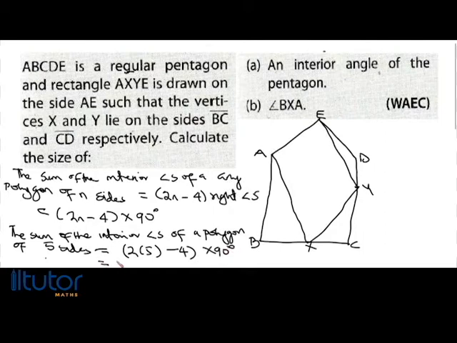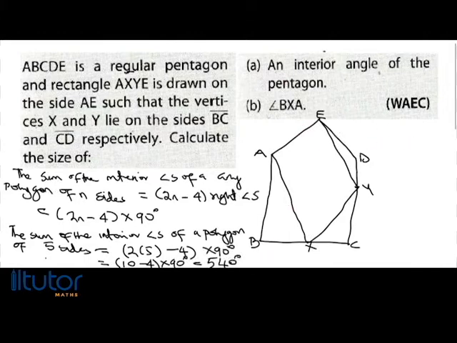So 2 times 5 is 10, minus 4 is 6, and then 6 times 90 is 540 degrees. This is the sum of the angles of this pentagon, but the question says to calculate an interior angle, so just one angle.